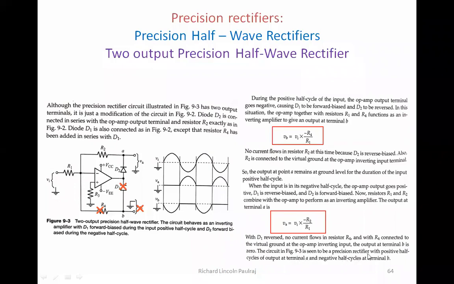It is seen that this precision rectifier gives the positive half cycle at terminal A and negative half cycles at terminal B. So at terminal B, I'm going to get negative cycles, and at terminal A, I'm going to get the positive cycles. So this is the waveform. I hope you have understood. With the help of a diode, it becomes so simple to cut off the waveform, and we can split them into different waves.